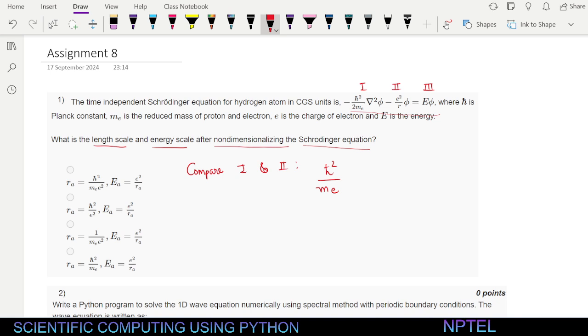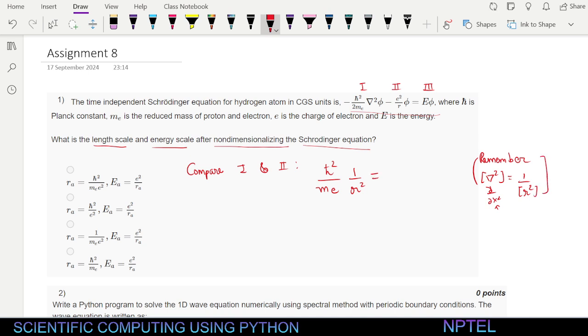Del square itself has a unit of 1 over r square, which is important to remember. Del square is like 1 over del by del x square, so this has a unit of 1 over r square.